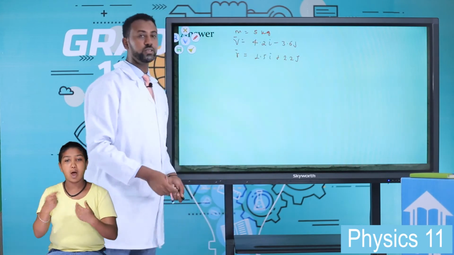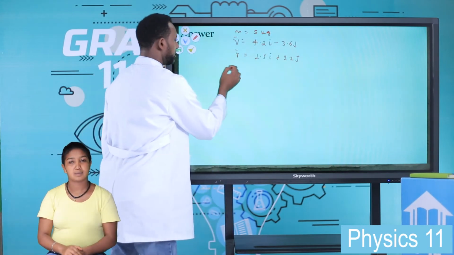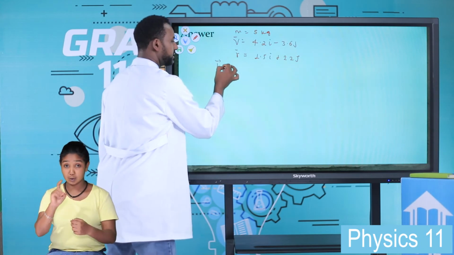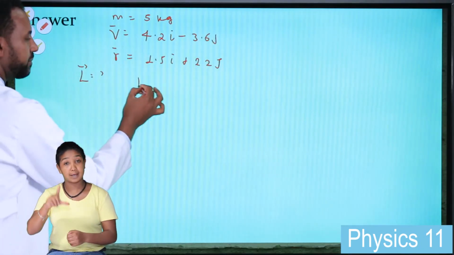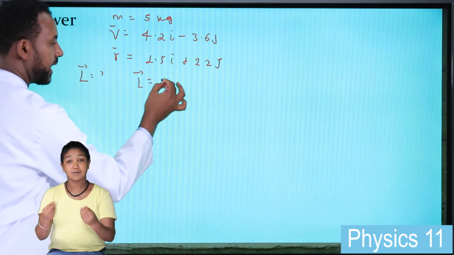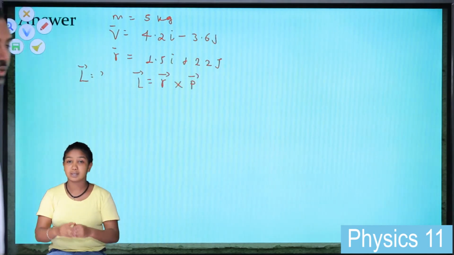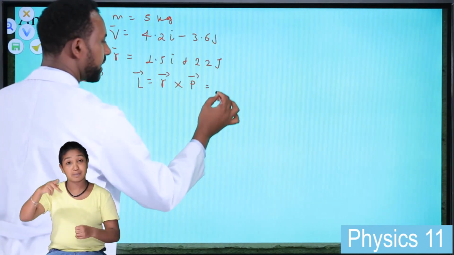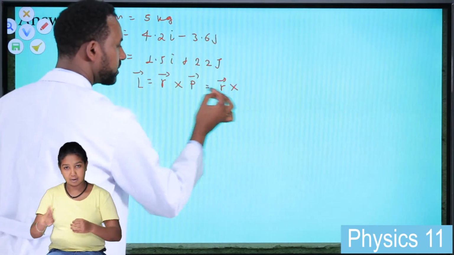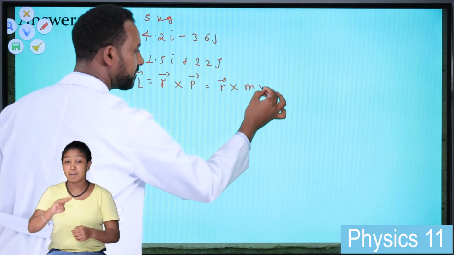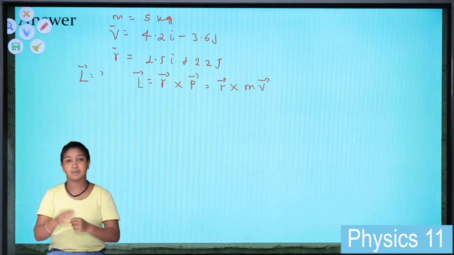So how do we solve this? Well, we are asked to find the angular momentum, and angular momentum is given vectorially as r cross the linear momentum. The linear momentum is mass times velocity v.